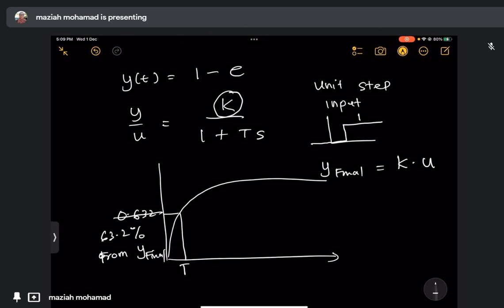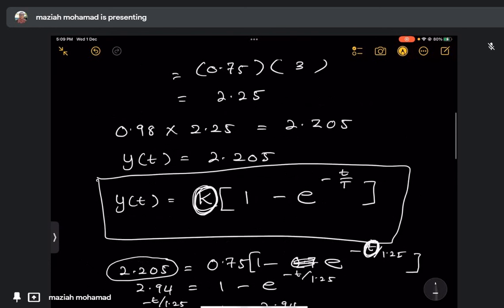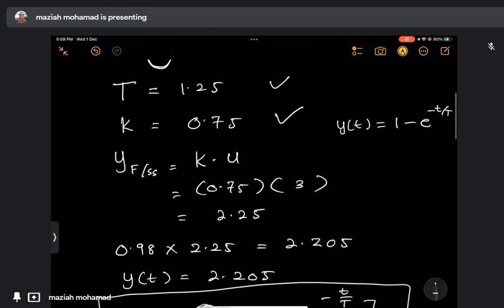Unit step input, so U is equal to 1, in Laplace 1 over s. Then you multiply with the K. So that's why in this equation just now, Y final or Y steady state is equal to KU. K is 0.75, the input is 3 volt, so you get 2.25.